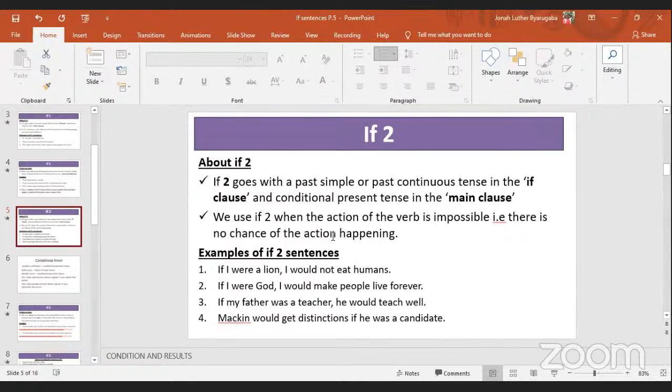No. It means that she did not actually pass. So she's somewhat regretting that; we are just thinking about it. It is imaginative that if she passed, but she did not actually pass PLE. So if two is about impossibilities, just imaginations.